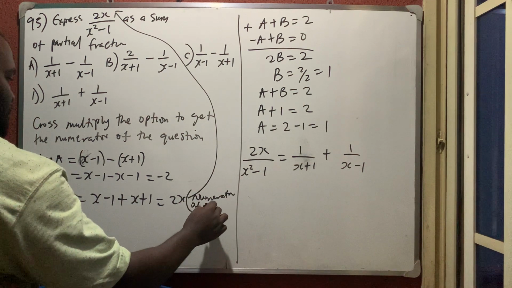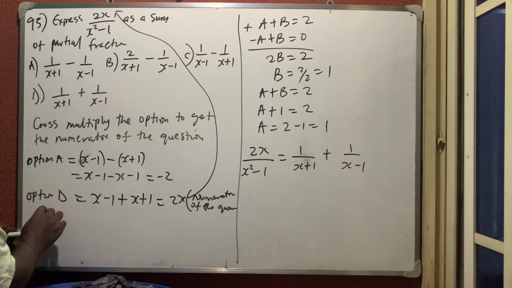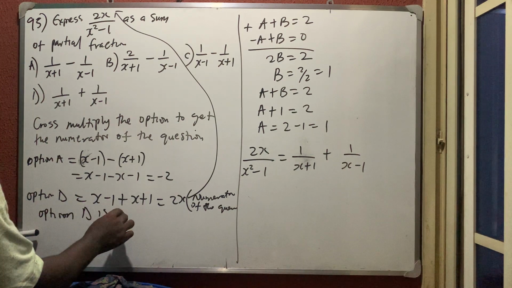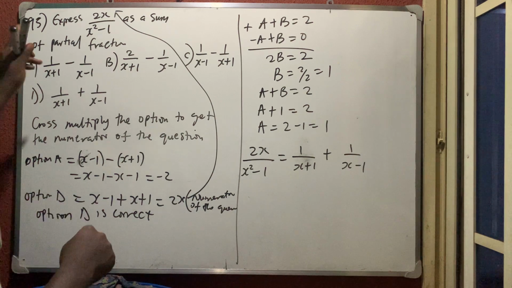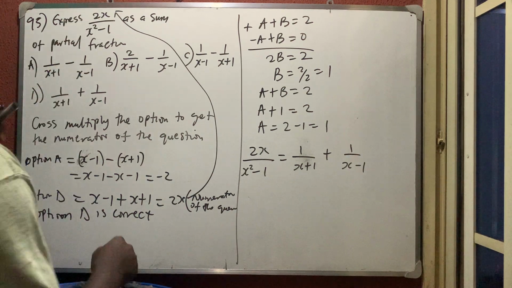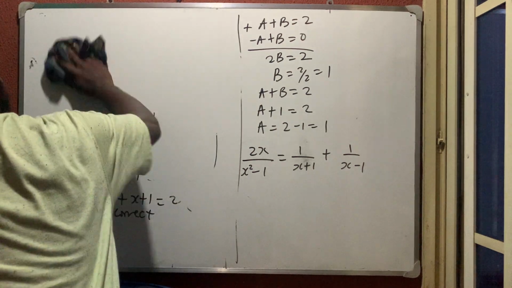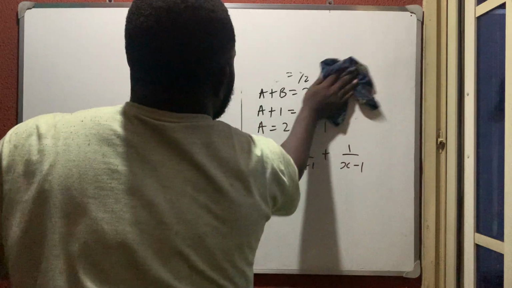Therefore, option D is correct. Okay? Option D is the correct answer. So once you cross multiply and you get the numerator of the question, then that is the correct answer.